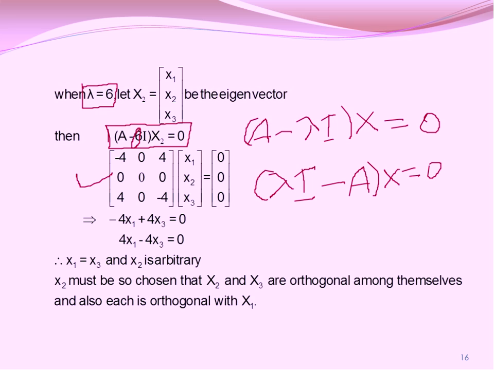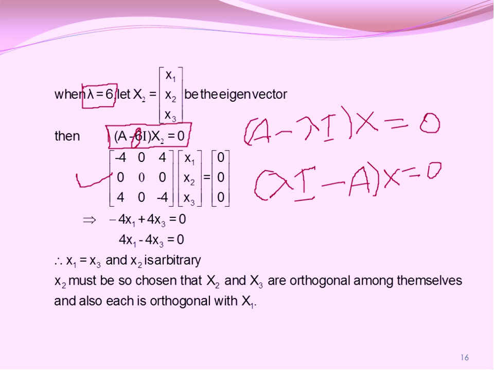So they form the matrix A minus 6I is equal to 0. So there is a matrix, and x1 is equal to x3, and x2 is arbitrary.